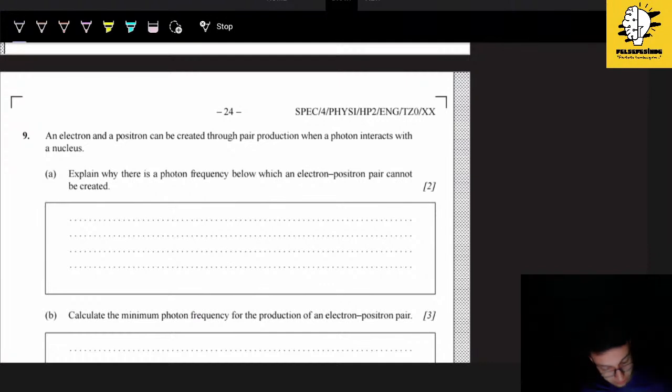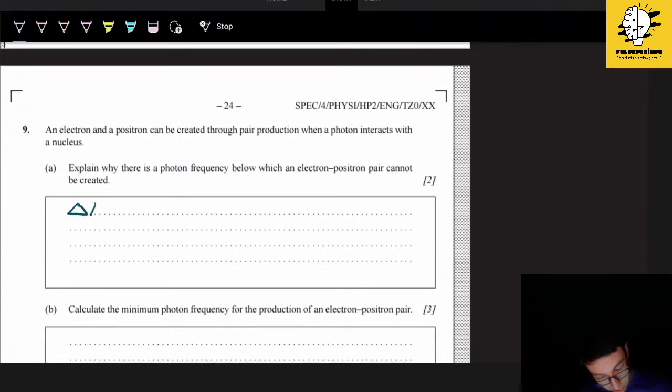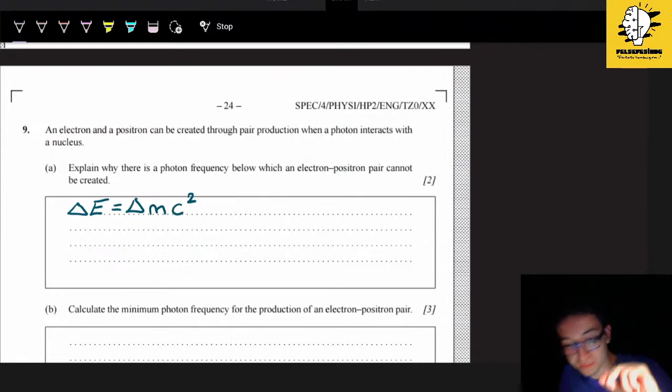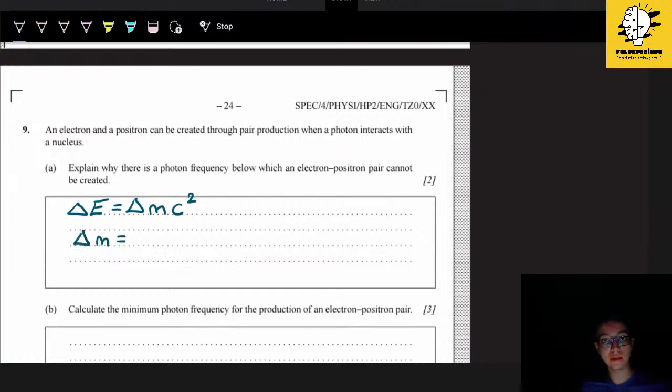Einstein said, change in energy is equal to change in mass times c squared, right? Now, again, I am asking you, does a photon have a mass? Of course not. It needs to have energy to convert it into mass. What will be the change in mass? We are creating one electron and positron pair.